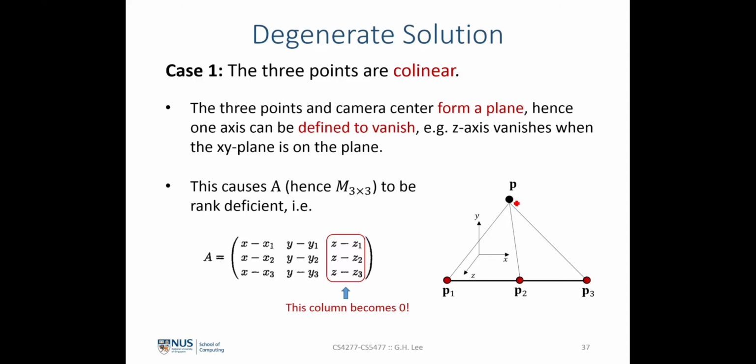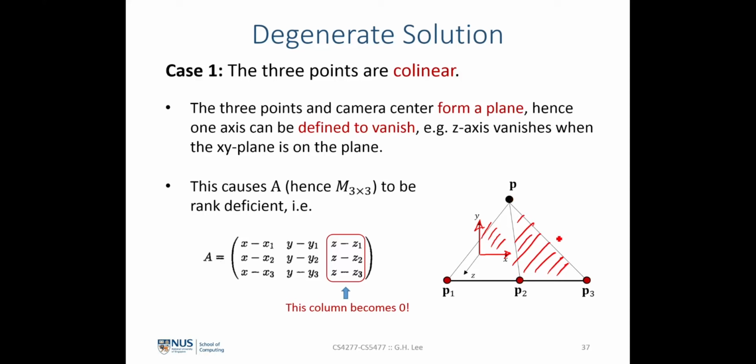Because P1, P2, P3 form a line, no matter where P is lying, it's always going to form a plane with all the other three given points. In this particular case, we can define a world reference frame such that the XY plane is on the plane that is formed by these 4 points.